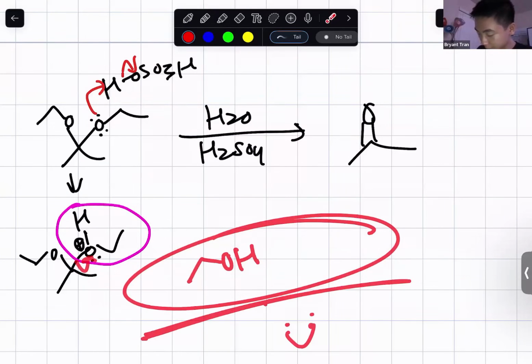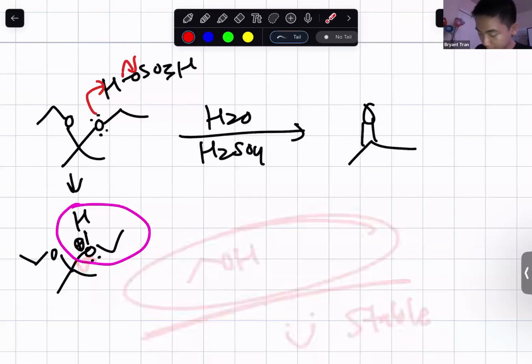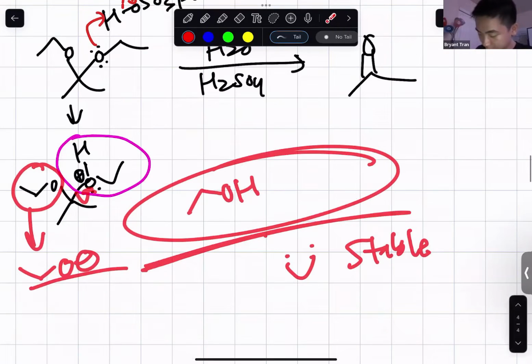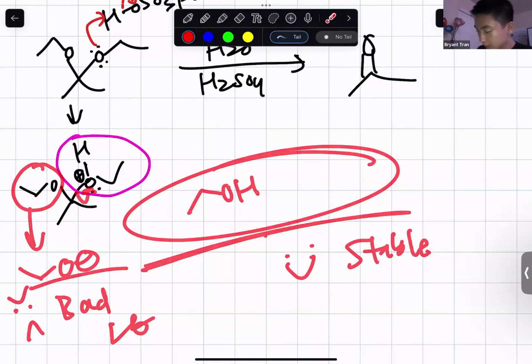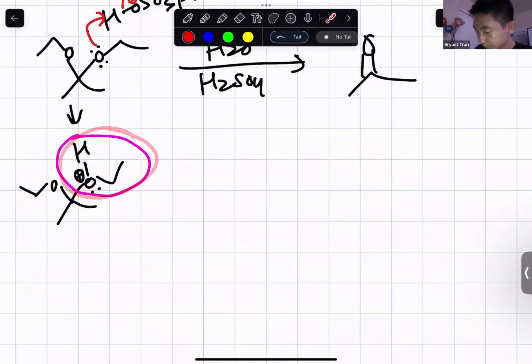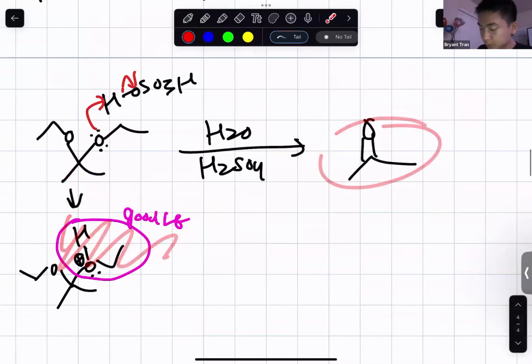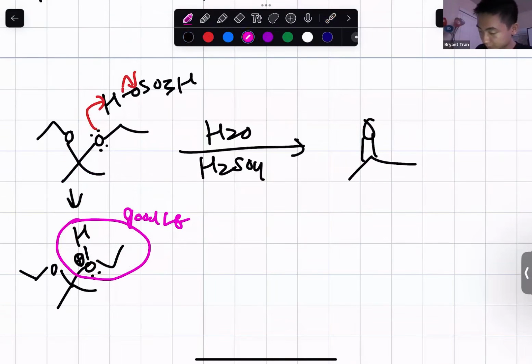Yeah, good leaving group. It's going to be stable, right? How about this leaving group here? It's a bad leaving group because it'll have a negative charge, which is very angry, very unstable. So bad leaving group. This right here is a good leaving group, and that's a good thing, right? Because we see in the product we don't want any of that at all, right? So what can we do to drive this good leaving group off?